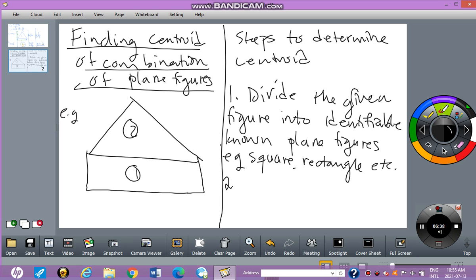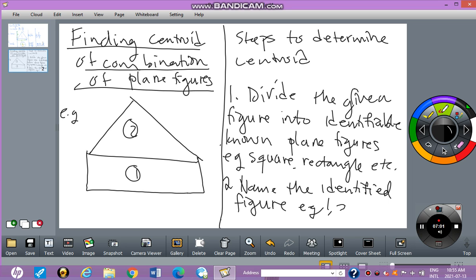Then we need to identify them. Like in this case, we cut it, and then we identify those figures. Then the second one, we name the identified figures. You just label them, example 1, 2, 3, like what I did there.